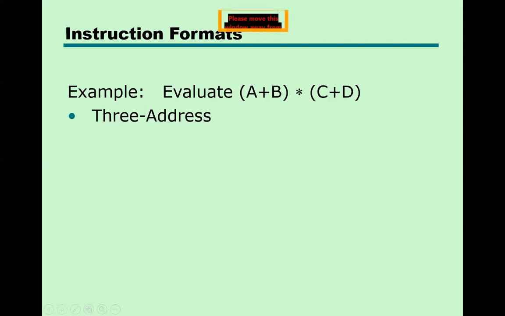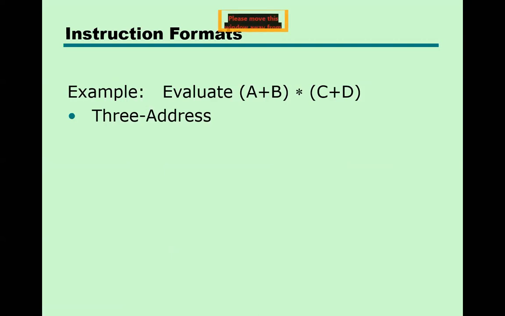We have to evaluate (a plus b) into (c plus d). This is our equation. We'll see how you can evaluate it using 3 addresses, then 2 address, 1 address, and 0 address. So the concept is very simple.